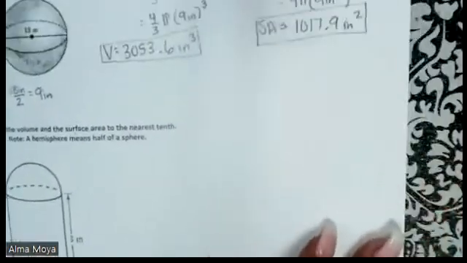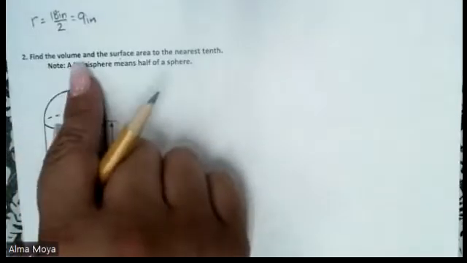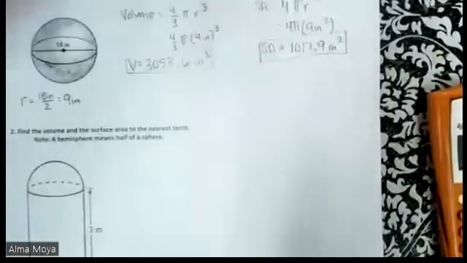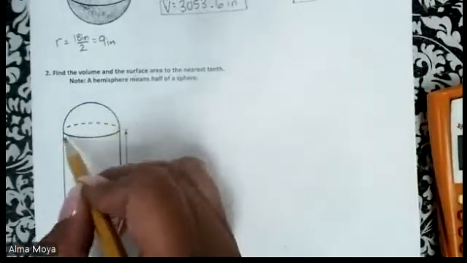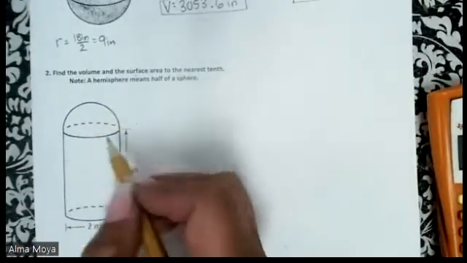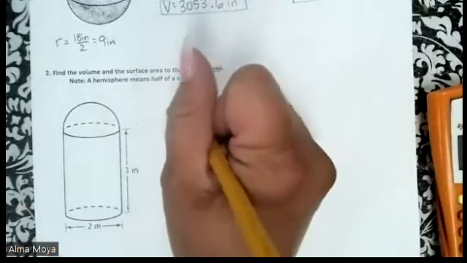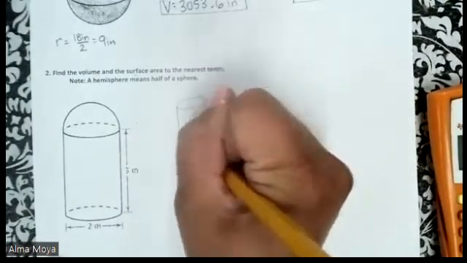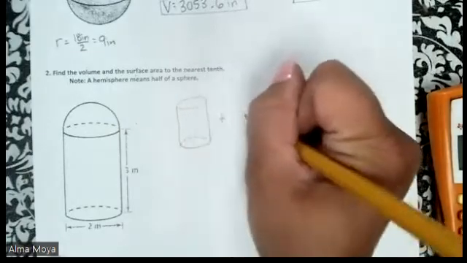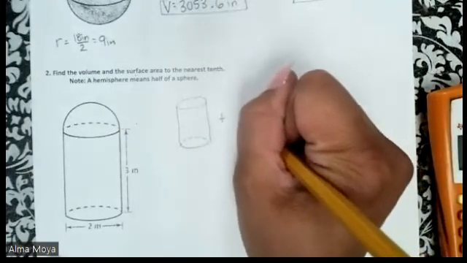Next problem. We are going to find the volume and the surface area to the nearest tenth. Now, right here, you have a half a sphere and you have a cylinder. So I'm going to take this volume, and then I'm going to add half the sphere.